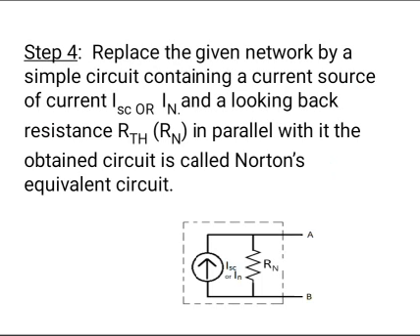Step 4. Replace the given network by a simple circuit containing a current source of current ISC, that means Norton's current IN, and a looking back resistance, that is Thevenin's resistance or Norton's resistance, in parallel with it. The obtained circuit is called Norton's equivalent circuit. This is the Norton's equivalent circuit.